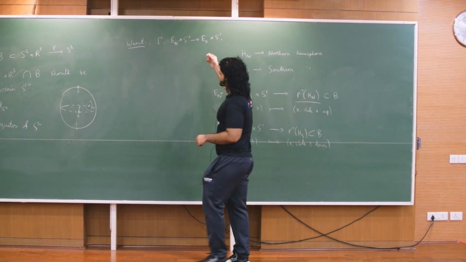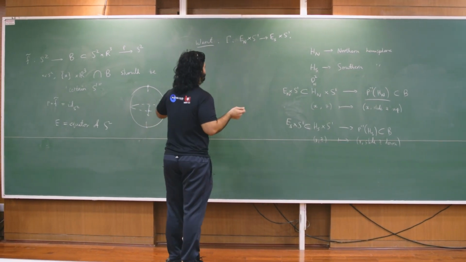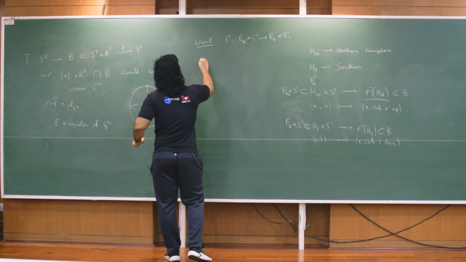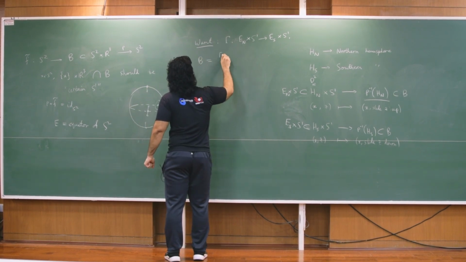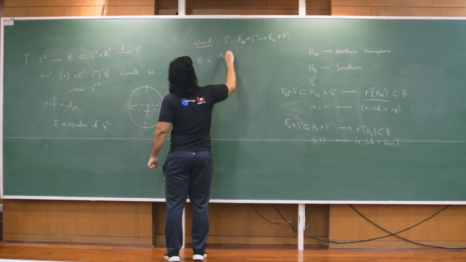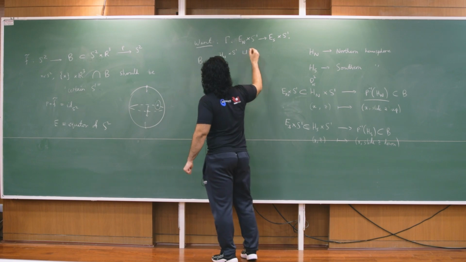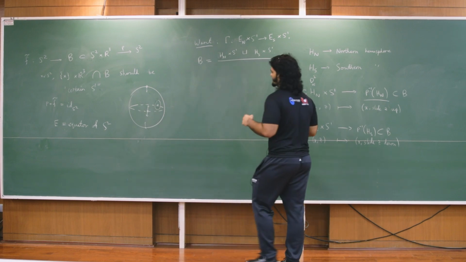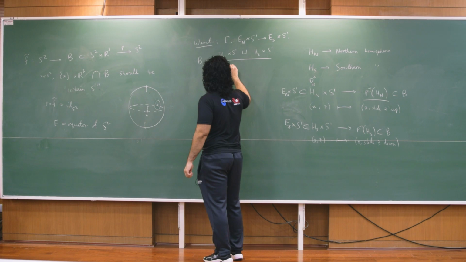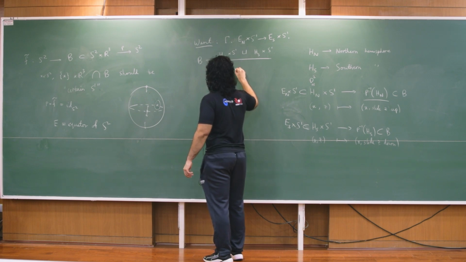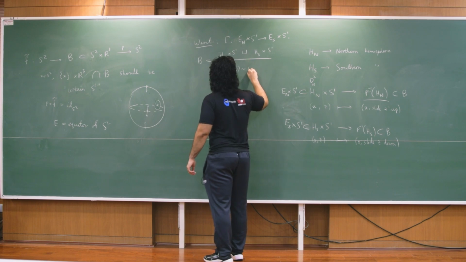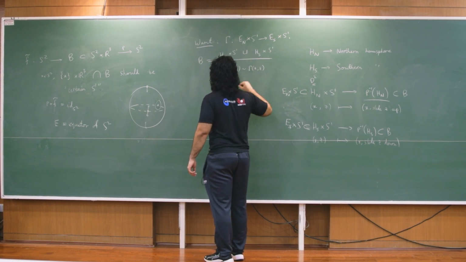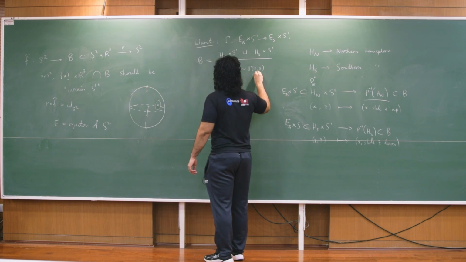So what I'm saying is that if we find this map, then B will basically be: you take the northern hemisphere and disjoint union with the southern hemisphere, and you mod out by the relation, the gluing, which takes x comma z, which relates this with gamma of x comma z, where this thing is thought of as lying inside En cross S1, and this thing is thought of as lying inside Es cross S1.